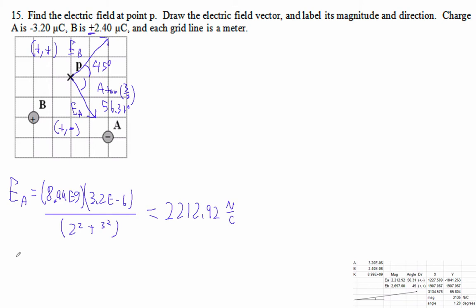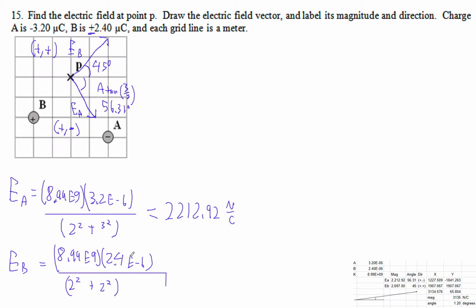Okay, and then let's figure out EB. That's going to be 8.99 E9, which is what I tried to write there. And then B is 2.4 microcoulombs. And then let's see, what's our denominator here? B is 2 over 2 down, so 2 squared plus 2 squared. I'm going to put the parentheses there because not everybody's going to use a fraction.